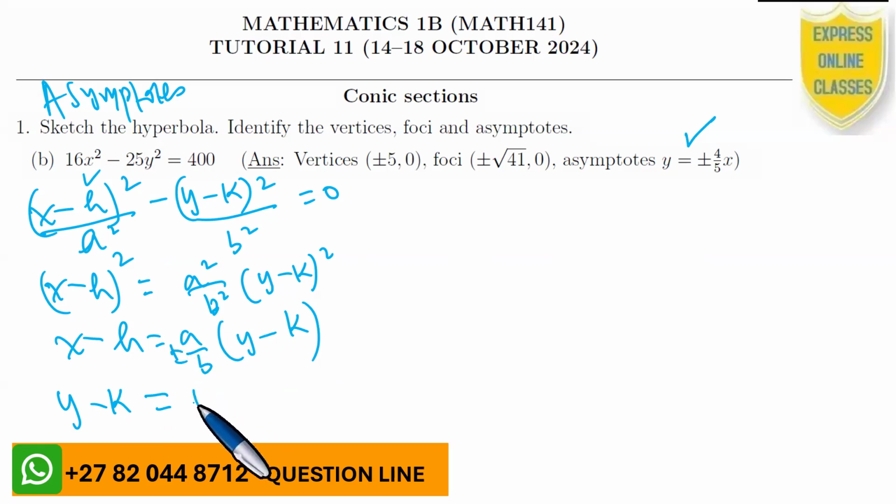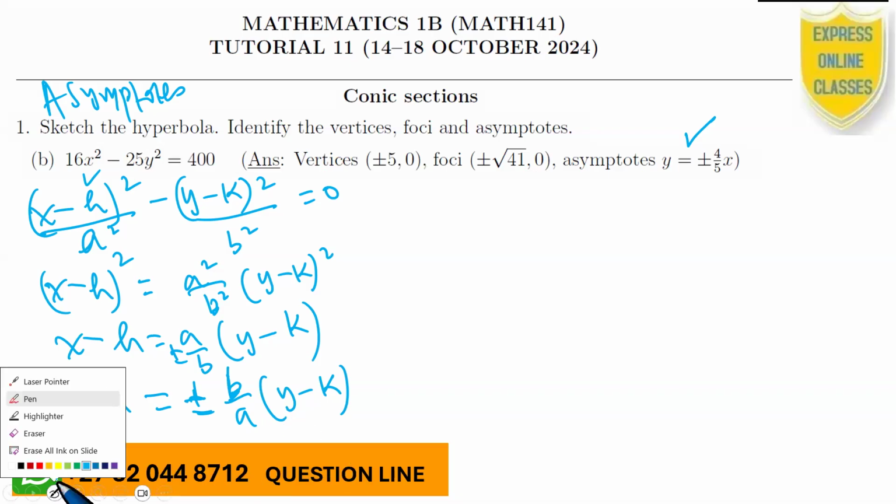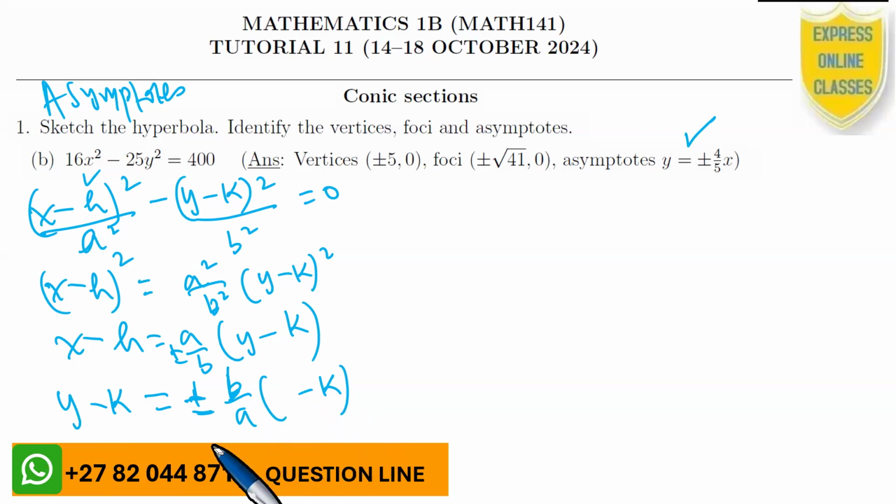So y minus k is plus or minus b over a, times x minus h.